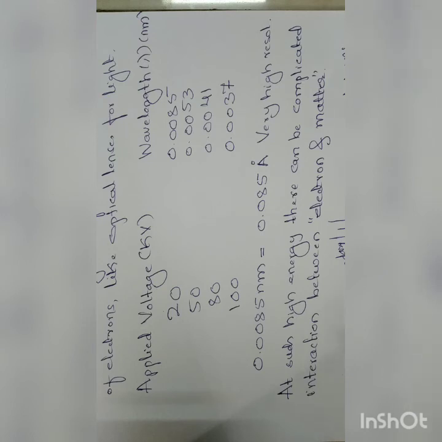But anyway, this clearly shows that in place of ordinary light, if we use a beam of electrons, then we can control the energy, we can accelerate them to very high energy. The result is that we can have very, very high resolution.